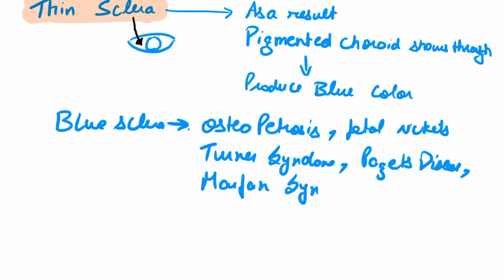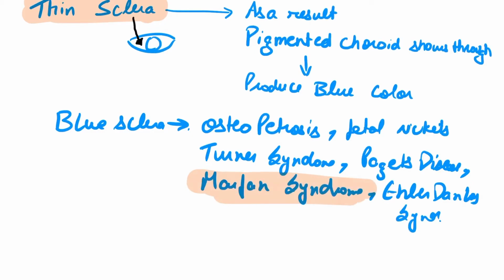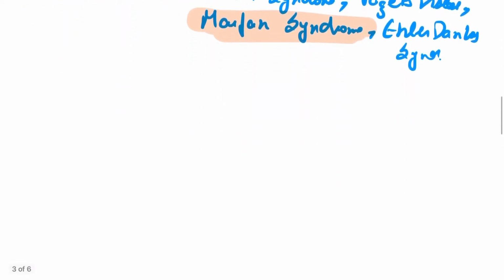And one more, Ehlers-Danlos syndrome. You will find MCQs on this. Blue sclera is also present in osteopetrosis, fetal rickets, Turner syndrome, Paget's disease, Marfan's, and Ehlers-Danlos syndrome.